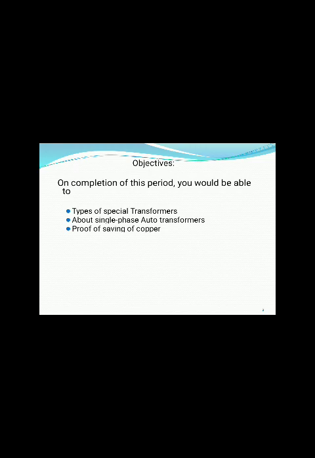Why do we save the copper here? In auto transformer, one winding is used for the primary as well as secondary. So we are saving the copper winding, also saving the cost.